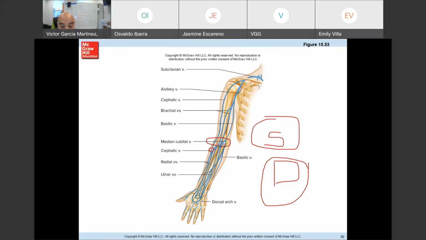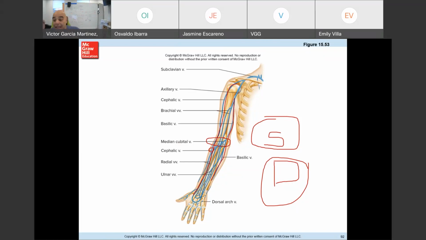On the lateral side, superficially, you have the cephalic vein, and the cephalic vein goes from the hand to the shoulder, the whole way. All of it is cephalic vein. Then you can draw blood from the cephalic vein. On the other side, you have the basilic vein, on the ulnar side, and it's going to be draining on the axillary vein.